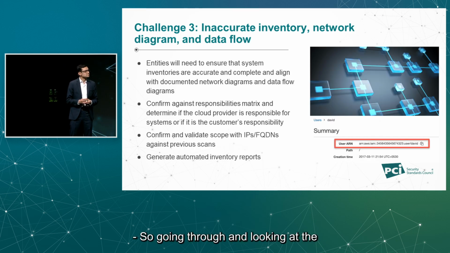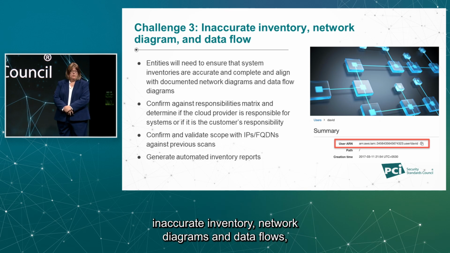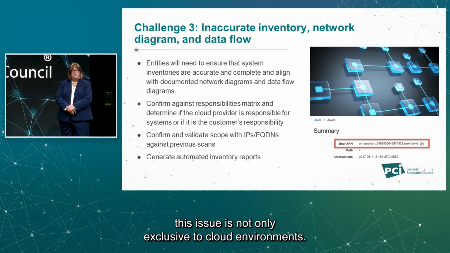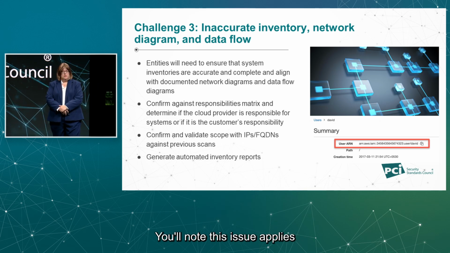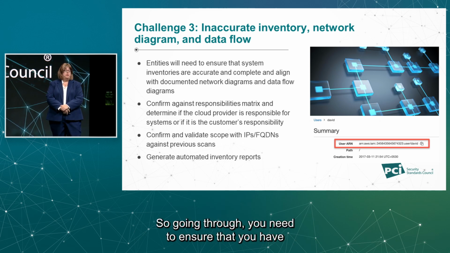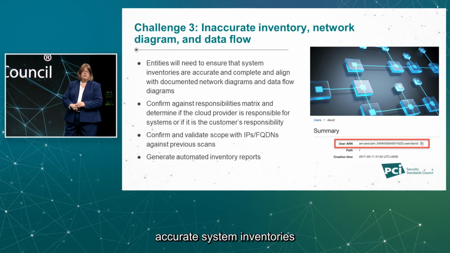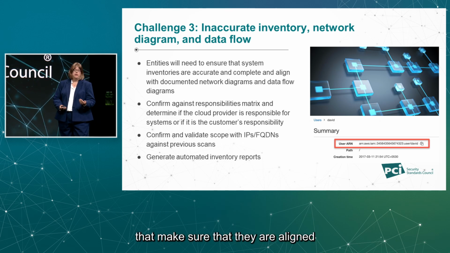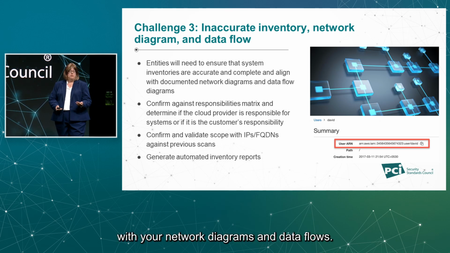So going through and looking at inaccurate inventory, network diagrams, and data flows, this issue is not exclusive to cloud environments. You'll note that this issue applies to a standard environment as well. So you need to ensure that you have accurate system inventories that are aligned with your network diagrams and data flows.